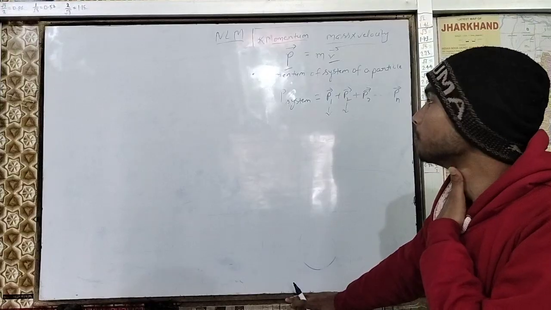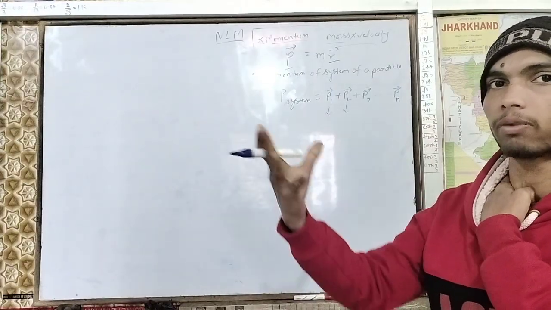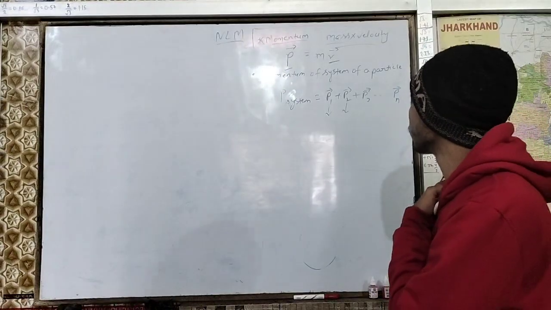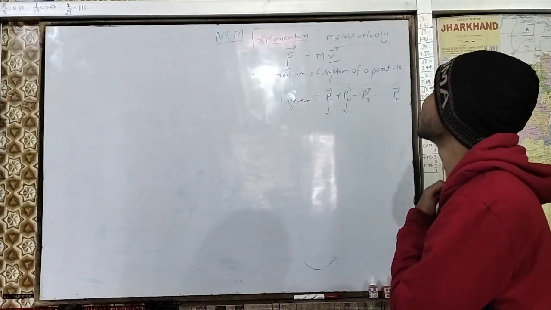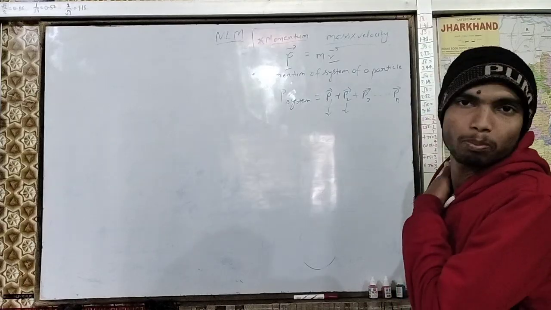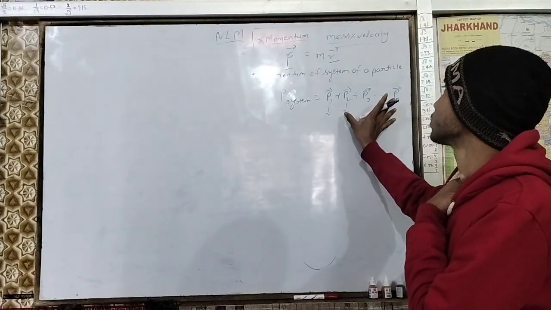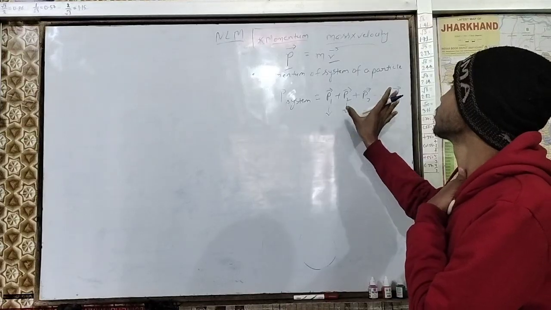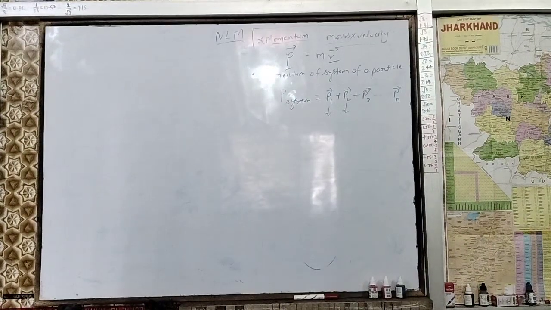You will get P system, meaning the whole system, not only one part. P1 will be one part, but when it comes to P system, we are taking the momentum of all the particles. You just add when it comes to a lot of particles.